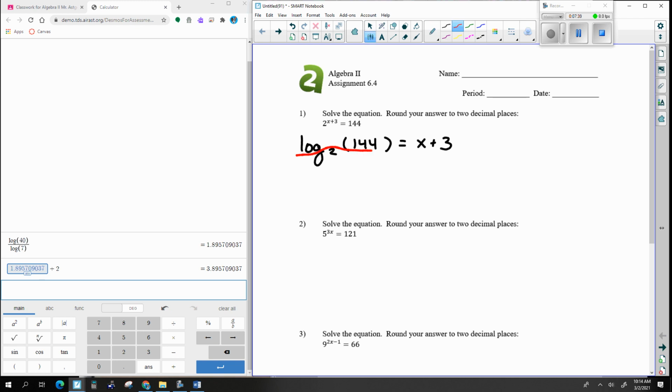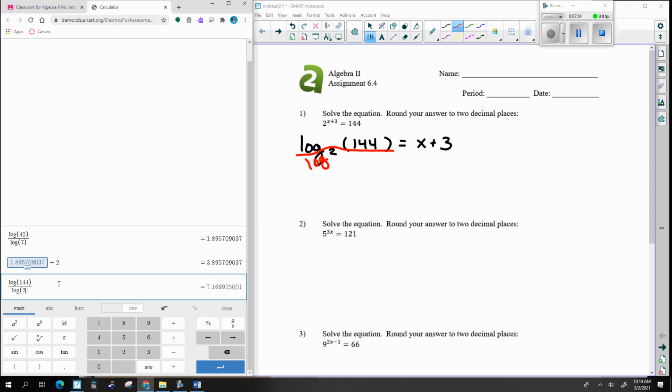To get the answer, I turn this into a division: log 144 divided by log 2, which turns into 7.1699. And then I solve for x, which obviously means subtract 3.